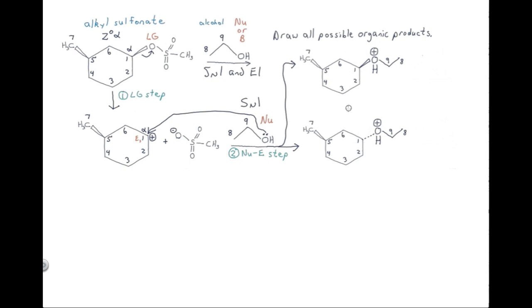On the other hand, notice that there's no reason to change the stereochemistry at carbon 5. Do you see why? Carbon 5 is not participating in the reaction. Nothing is happening to carbon 5, so there's no reason for the stereochemistry at carbon 5 to change. At carbon 1, we will sometimes get retention of configuration and sometimes inversion. But there's no reason for the configuration at carbon 5 ever to invert because carbon 5 is not participating in the reaction.